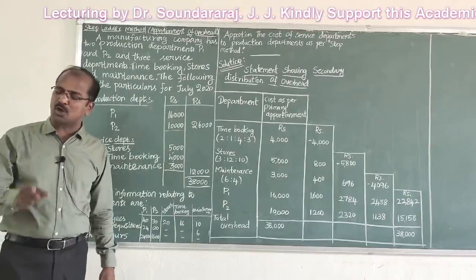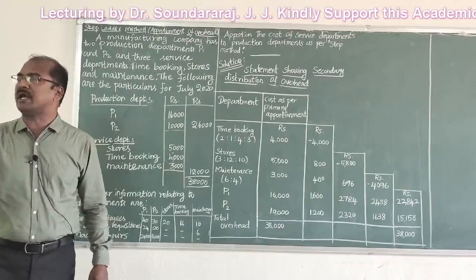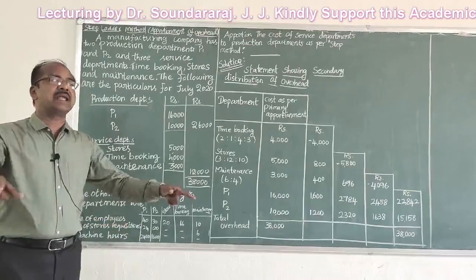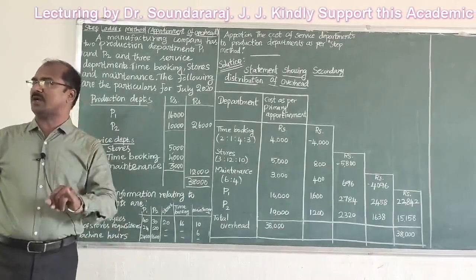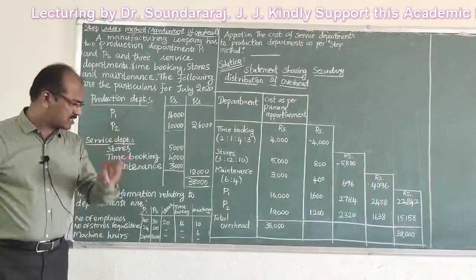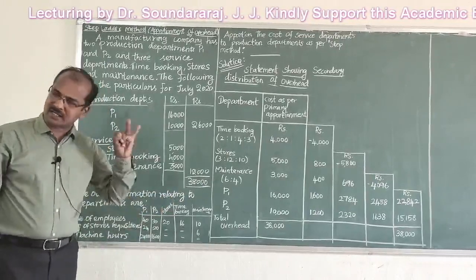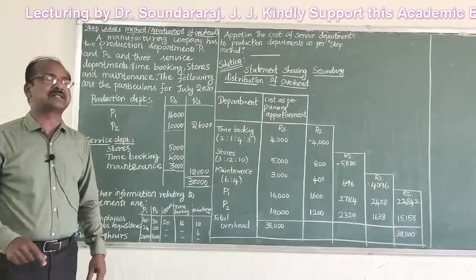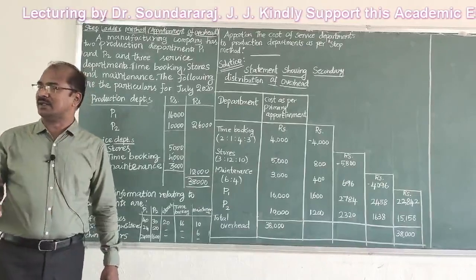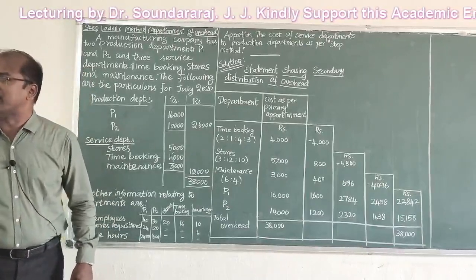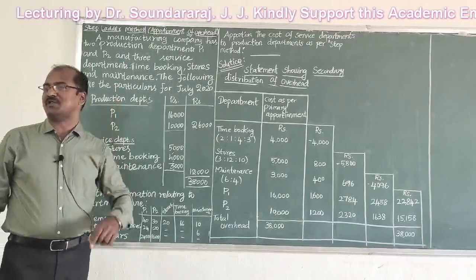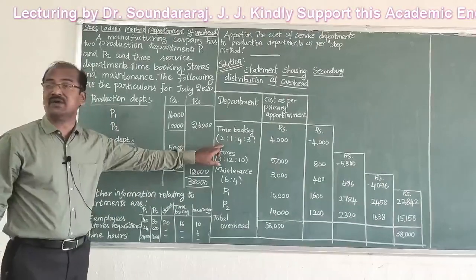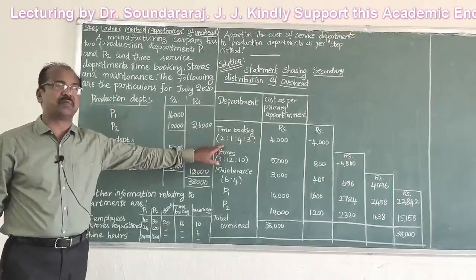So comparing stores and maintenance, time booking has served many other departments. It has served P1, P2. It has served stores. It has served maintenance also. Since time booking has served 4 other departments, that takes the first priority. And that's the reason why we have written time booking as a first department here.